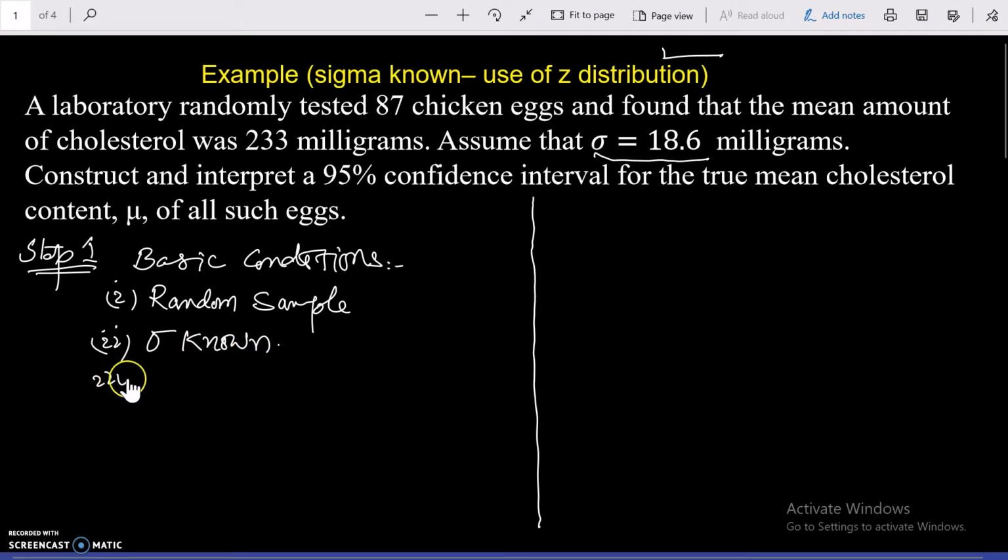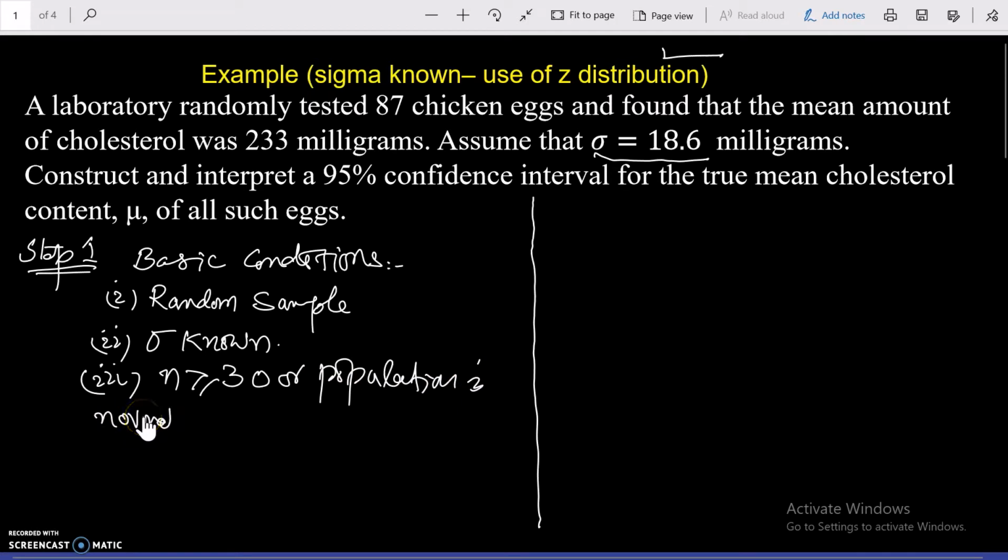And our third condition was that either n is greater than or equal to 30, or the population is normally distributed. These are the 3 conditions that need to be checked before we can construct a confidence interval.